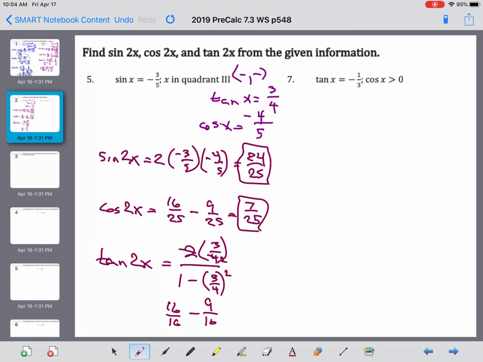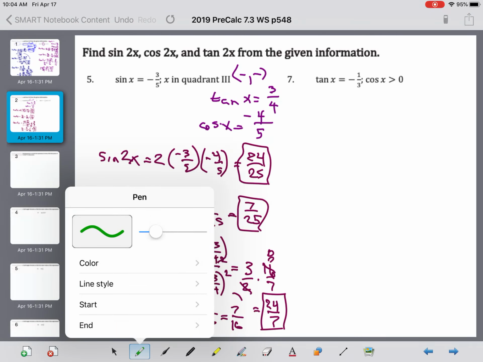These cancel to 2, so I get 3/2 times the reciprocal, 16/7. So again, we get 24/7. So some repetition there.